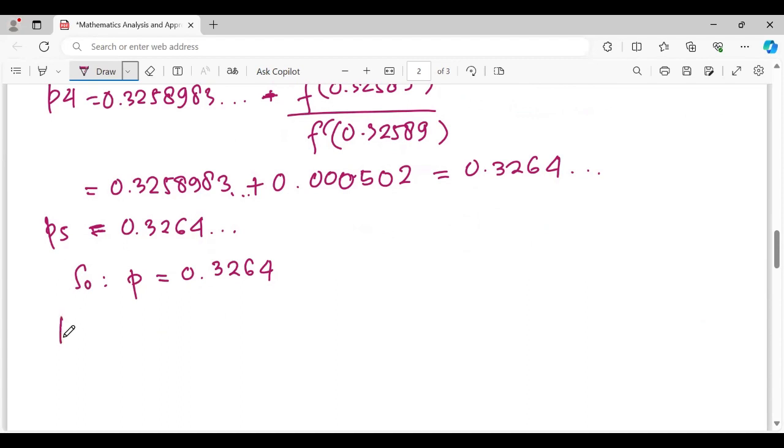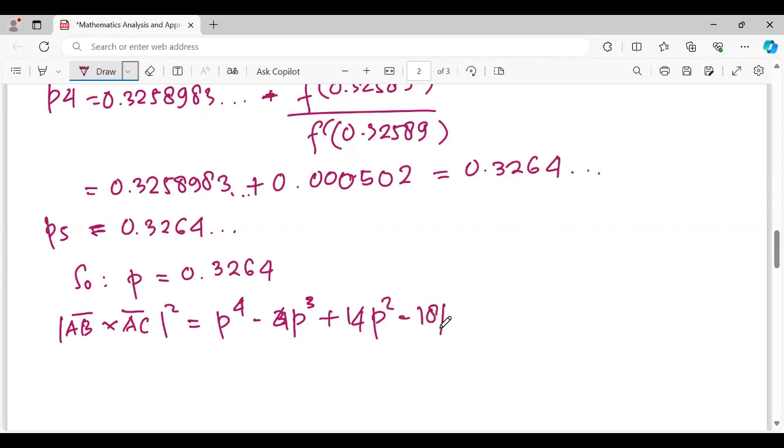So it means modulus AB times AC squared equals p to the power 4 minus 4p cubed plus 14p squared minus 18p plus 8. This is the main function.